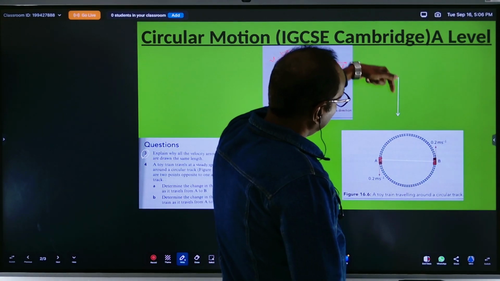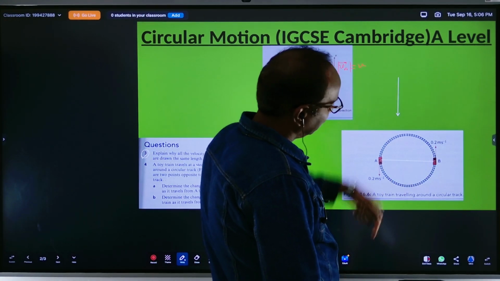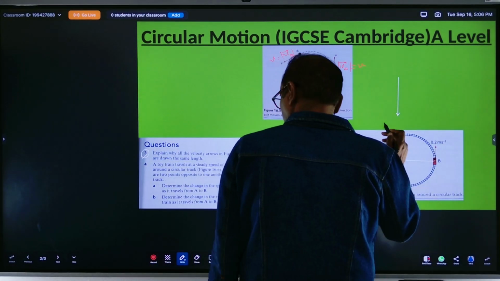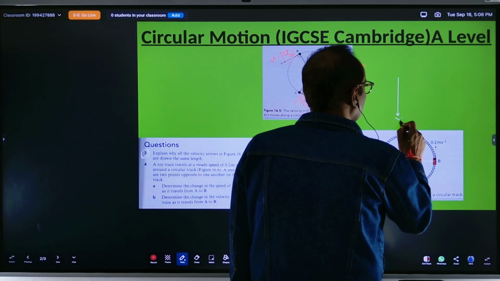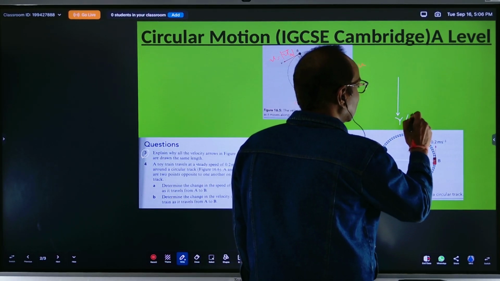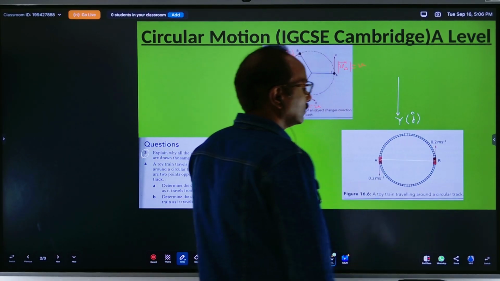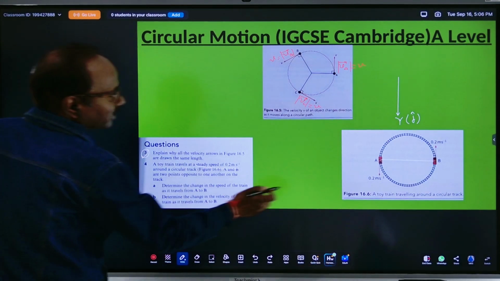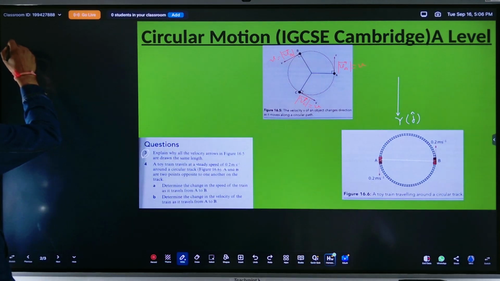If we take our axis downward as the y-axis and associate a unit vector j in this direction, so what will you write for the velocity vector at A?